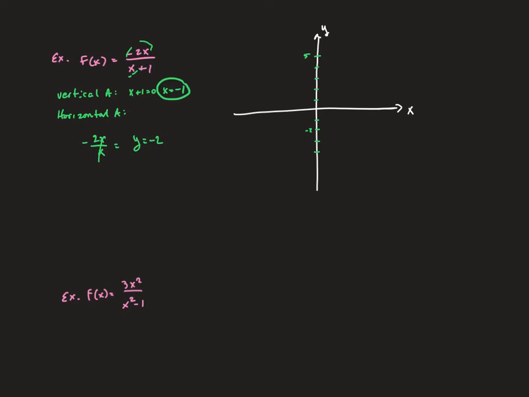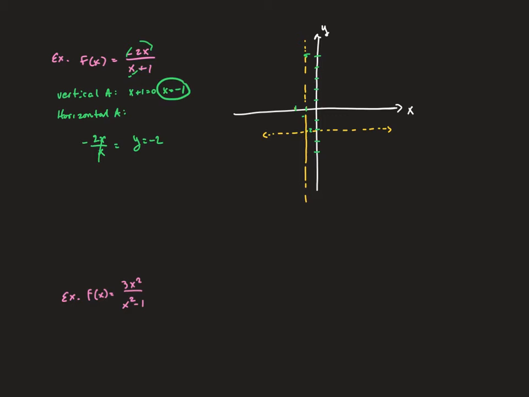And I know the imaginary line here, this asymptote, is never going to get touched by my function. That's my horizontal asymptote. And then my vertical asymptote is x equals -1. So my vertical asymptote is going to be right there. So this is something my function's never going to touch.